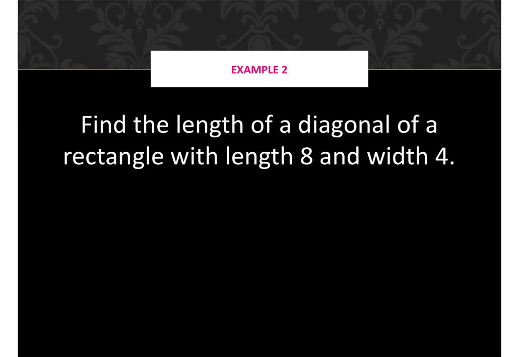Find the length of a diagonal of a rectangle with length 8 and width 4. Really easy question. Here's a rectangle. Its width is 4. Its length is 8. Here's a diagonal. Question.